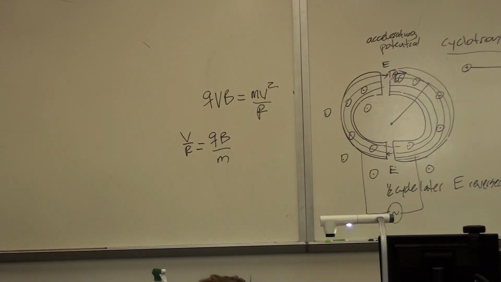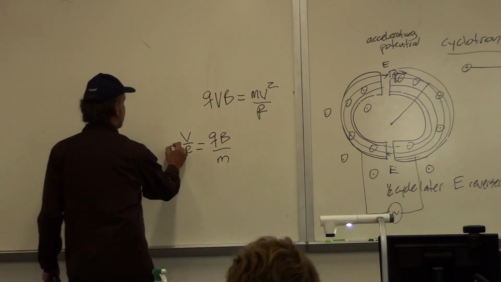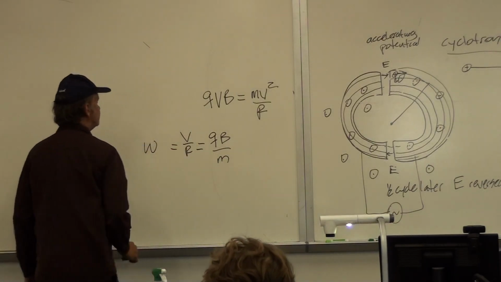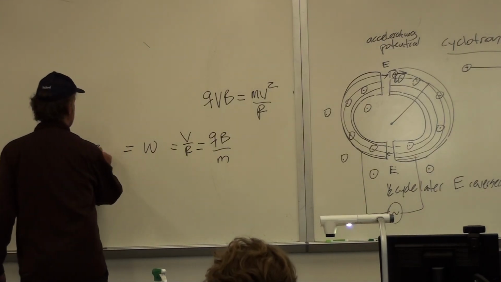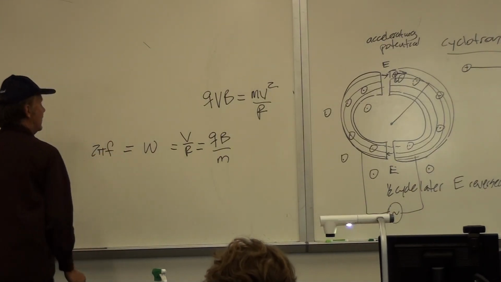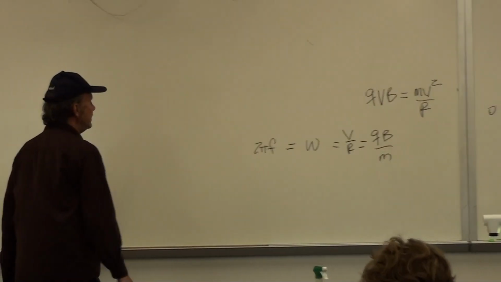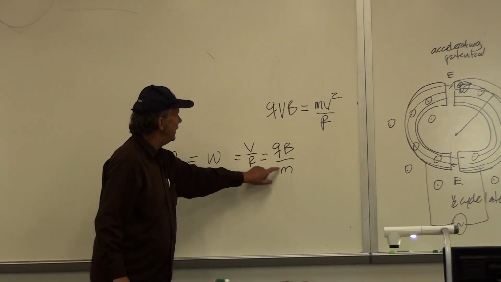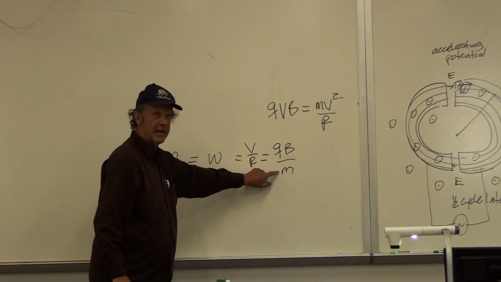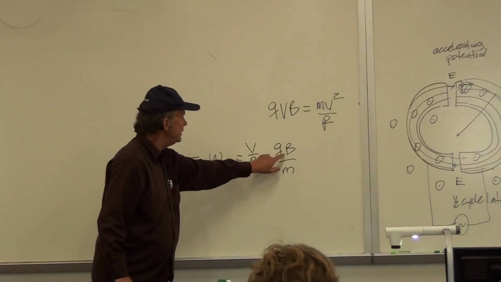Radial velocity. Good. This is our angular velocity, omega. Okay, and omega is 2 pi times the frequency. So what you can see then is that the frequency is velocity and radius independent. It only depends on q, B, and m.